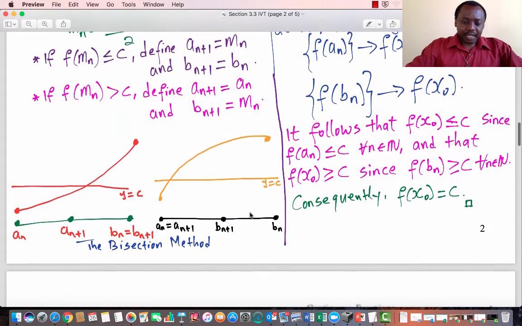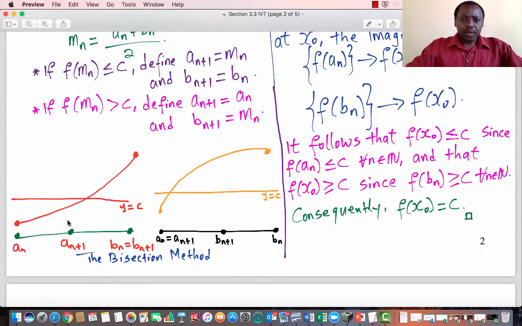Let's geometrically explain that. So here we are, the first case. f of mn is less than or equal to c. If that happens, then define an plus 1 to be mn and bn plus 1 to be bn. And you can see from this diagram that there will be some point x0 at which f of x0 equals c, where f intersects the line y equals c.